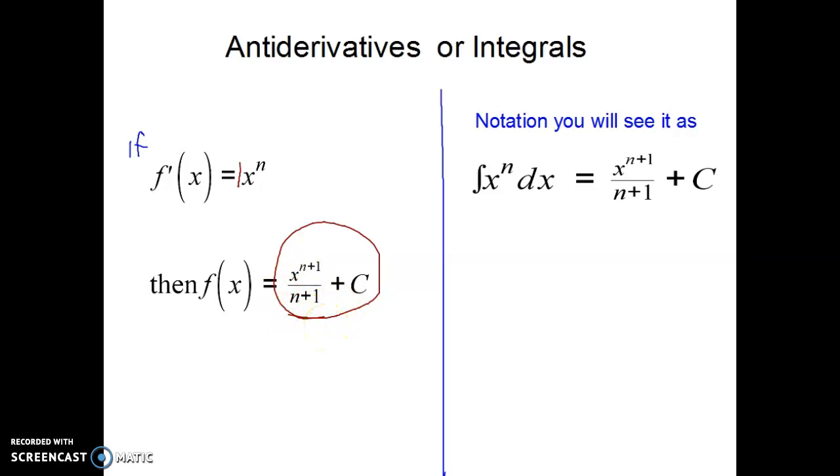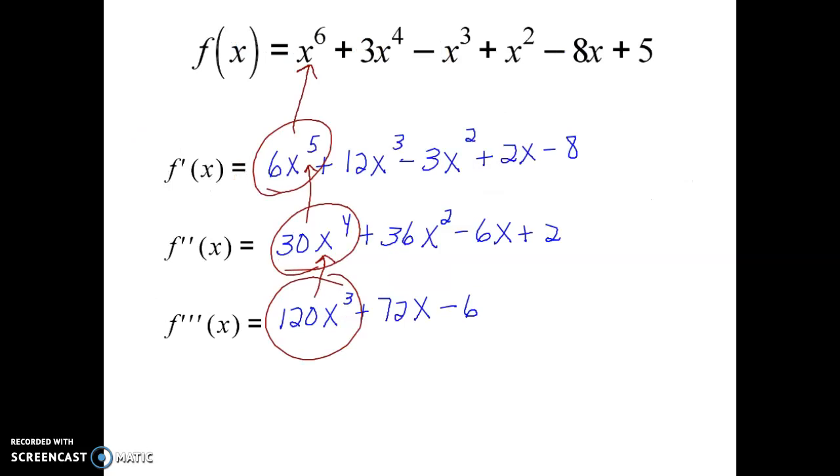So in other words, if I go back to this other example, let's look at the 6x to the 5th. To go up a level, 1 is being added on to the exponent, so 5 plus 1 is 6, and then my coefficient in the derivative is being divided by this new exponent. So it's actually 6 divided by 6, which gives me a 1.